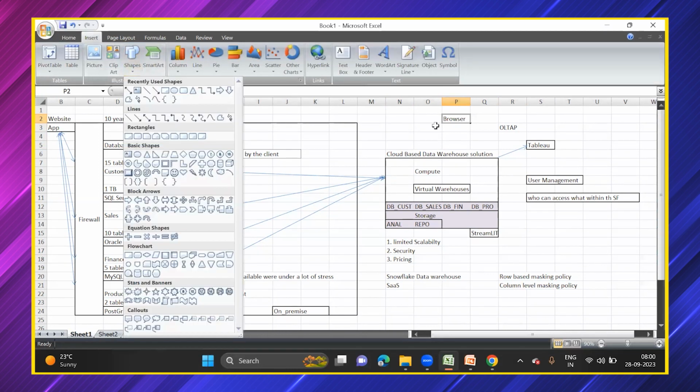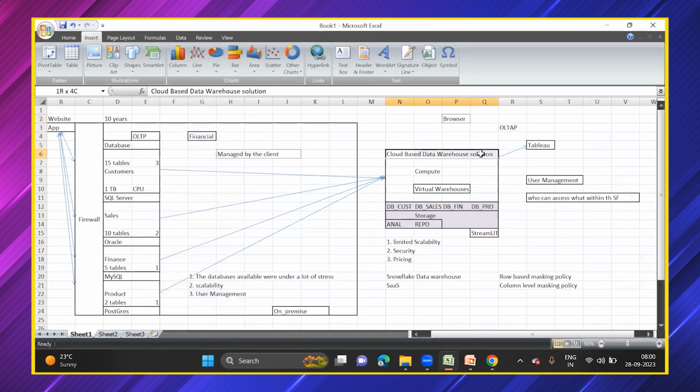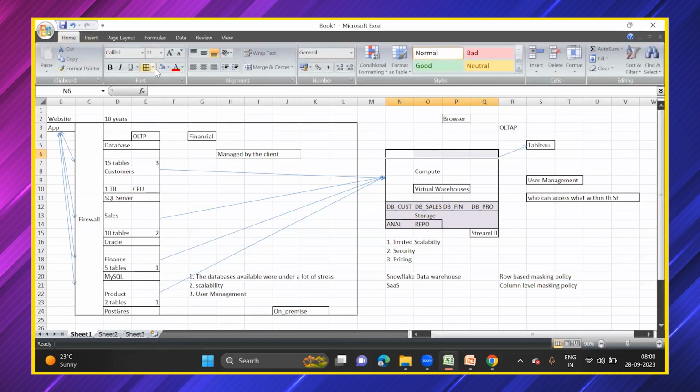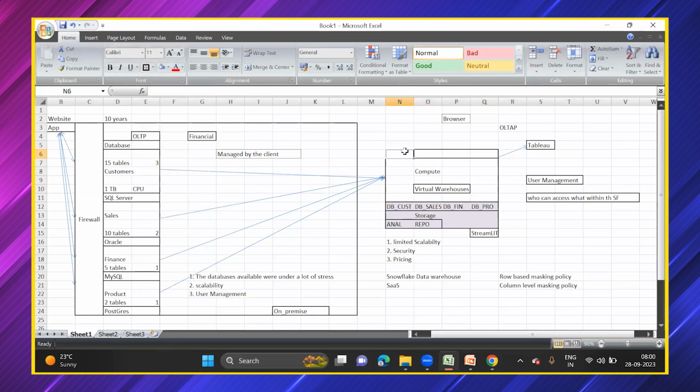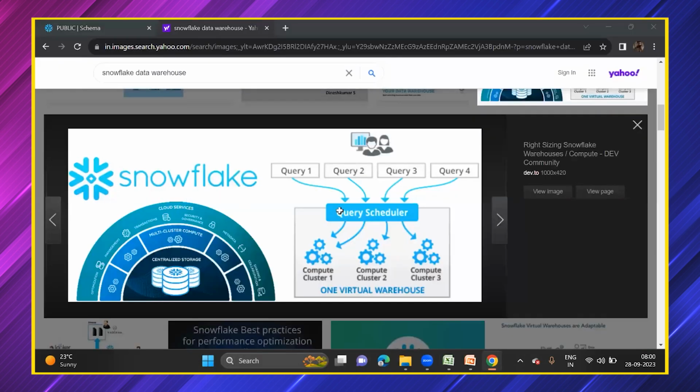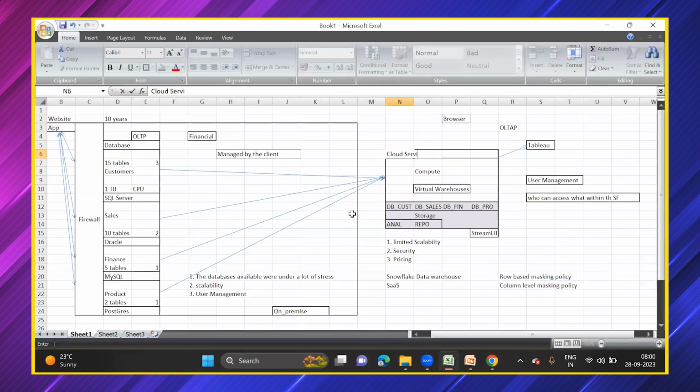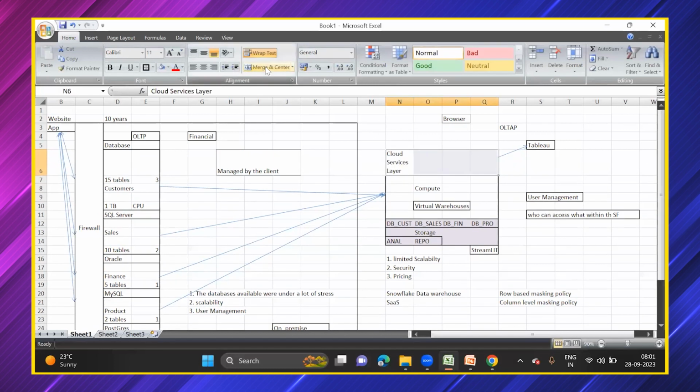So this user will be directly interacting with the cloud services layer. We have the topmost layer, which is the cloud services layer. So this is how the interactions are going to be.